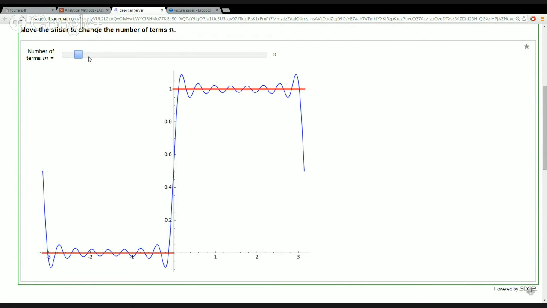That's what we want: the function values at any particular point x to converge to the function value of the original function f.